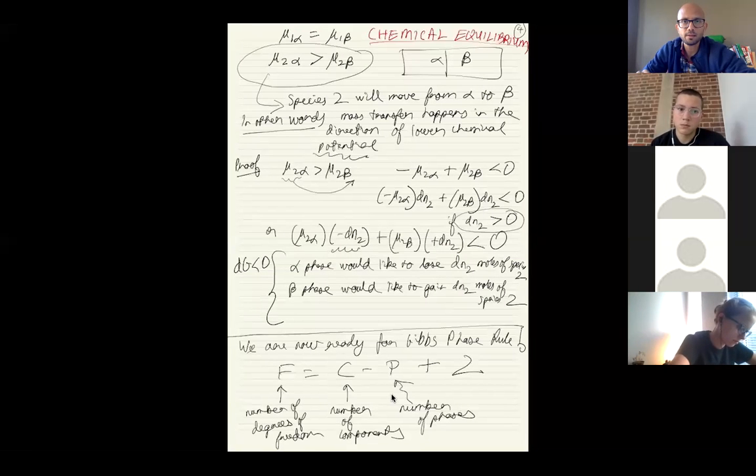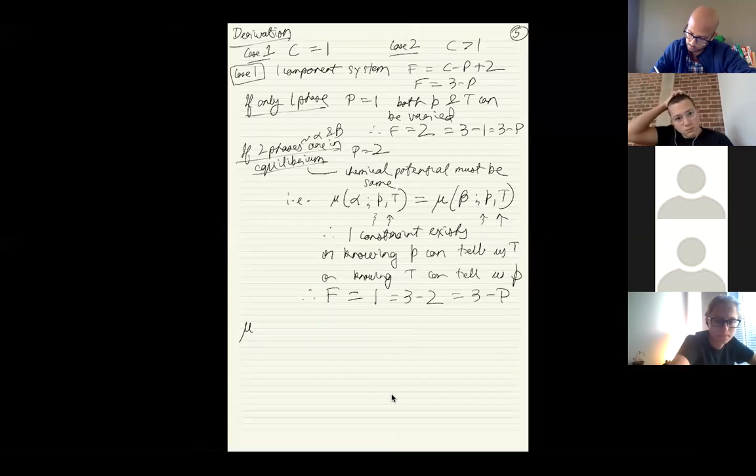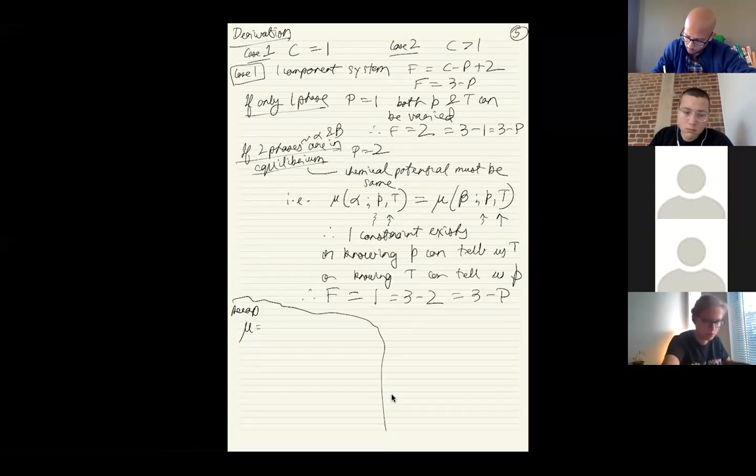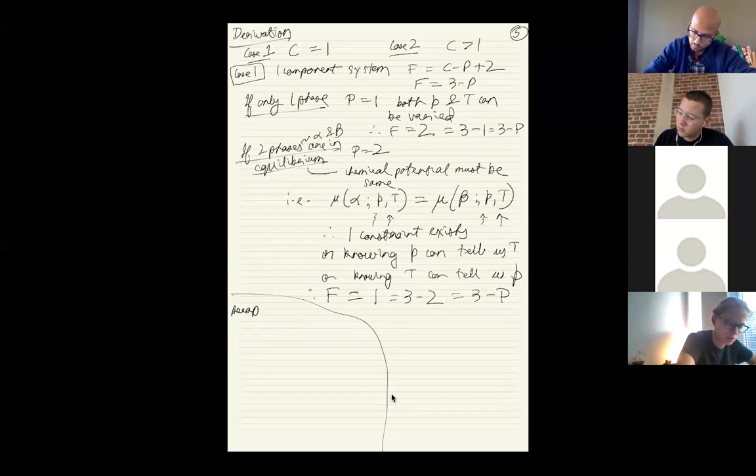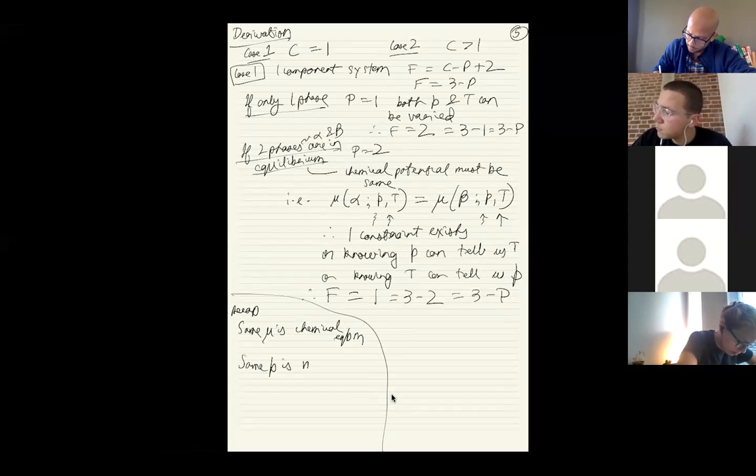So this mu1 alpha is equal to mu1 beta was the condition for chemical equilibrium. So just a bit of a recap from last page: same mu is chemical equilibrium, same pressure is mechanical equilibrium, same temperature is thermal equilibrium.